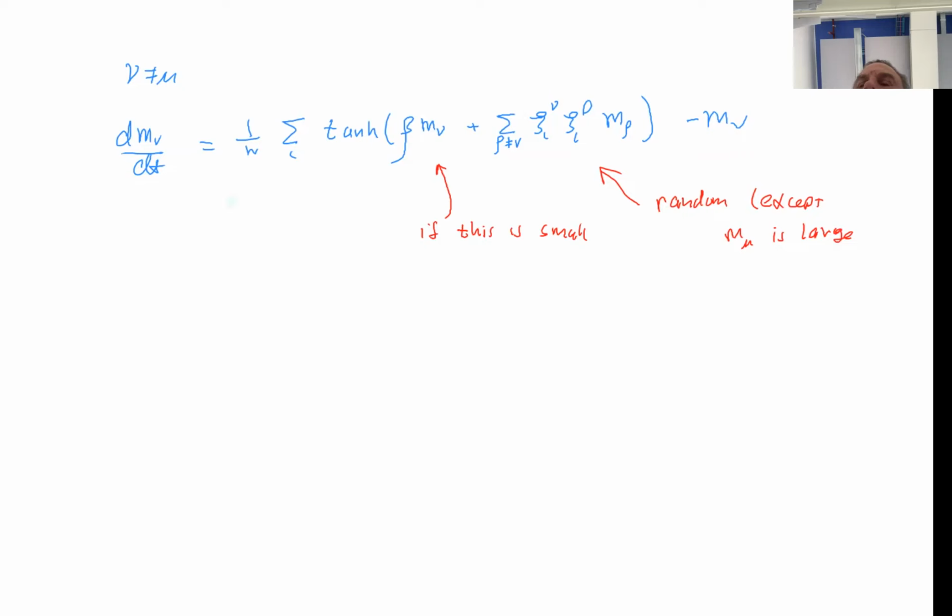This whole thing should scale as 1 over root N. So this implies that m_ν goes as 1 over root N, and m_ν squared goes as 1 over N.